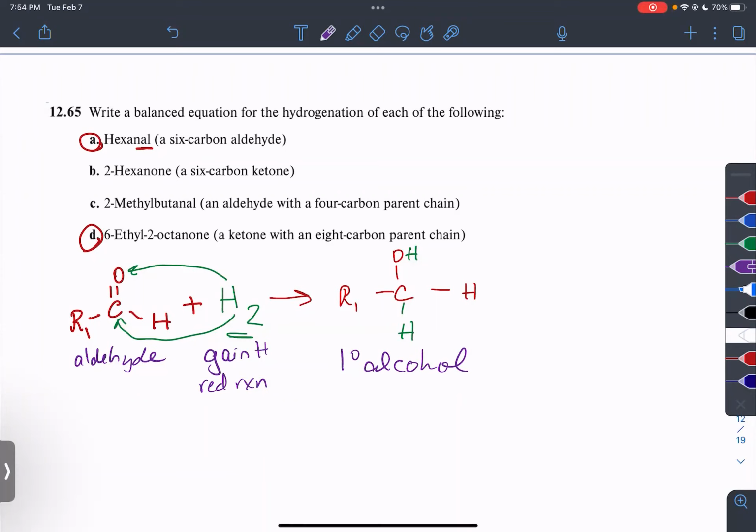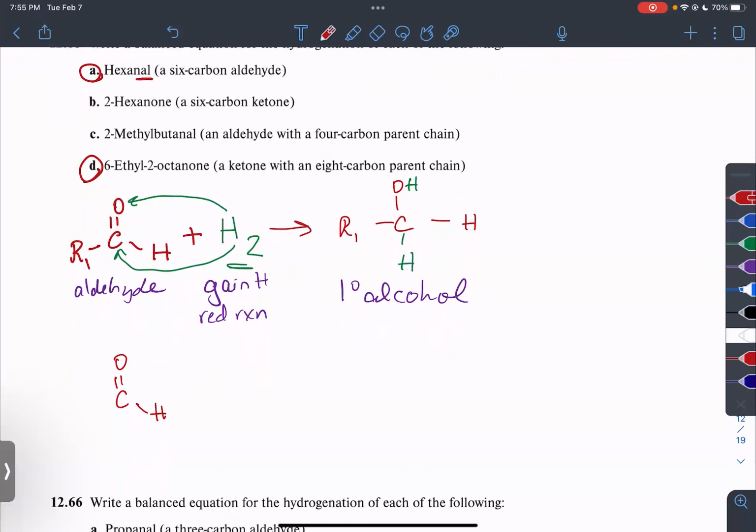So look at A, hexanal. So hexanal is a 6-carbon ketone. Oh, no, I'm doing hexanal, 6-carbon aldehyde. So if we do this, a 6-carbon aldehyde, I'm going to start with that same carbon and double bond and a hydrogen, but what's that R group going to be? Well, if in total I have 6 carbons, this is going to be my first carbon.